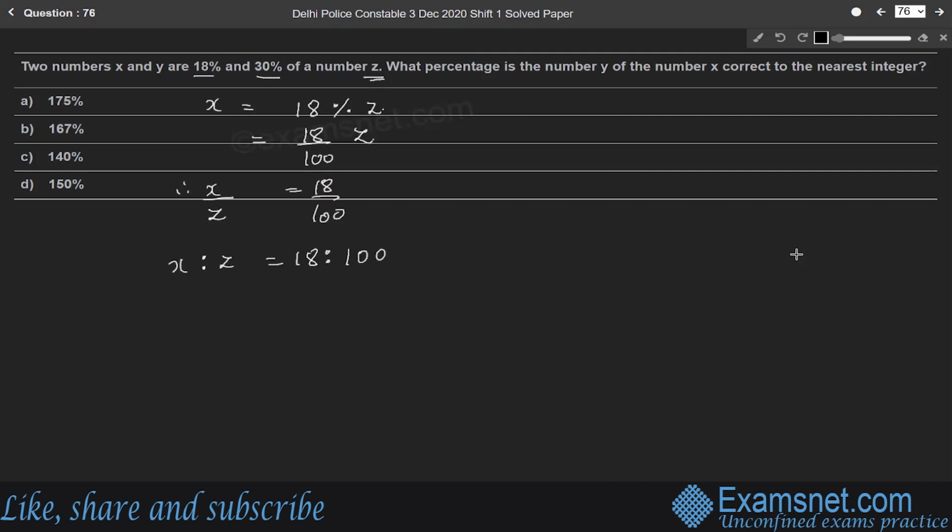The second part is 30% of number z is y. Y is equal to 30% of z, which is 30 by 100 z, or y by z is 30 by 100, or y is to z is 30 is to 100.